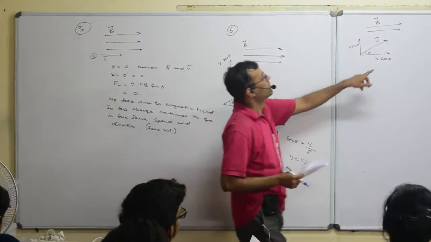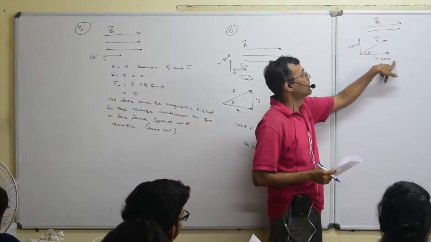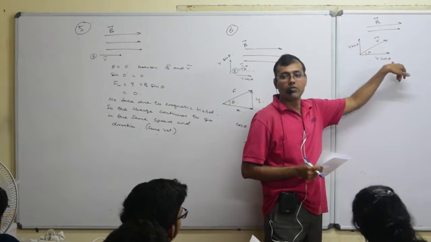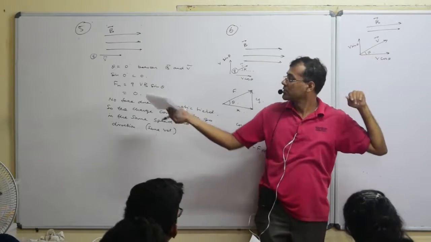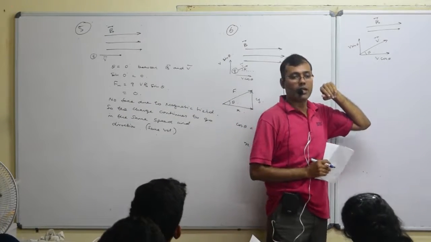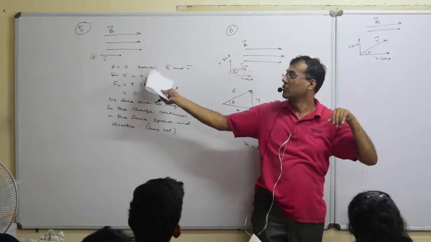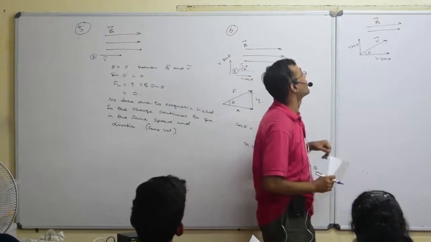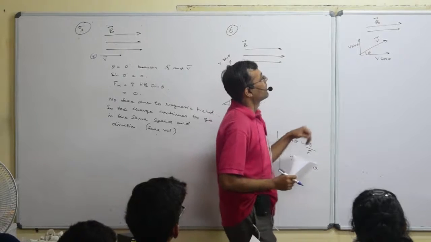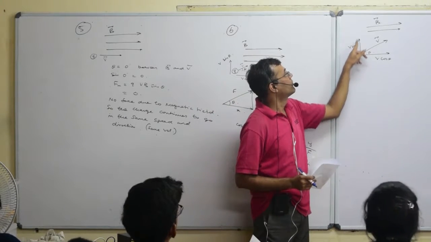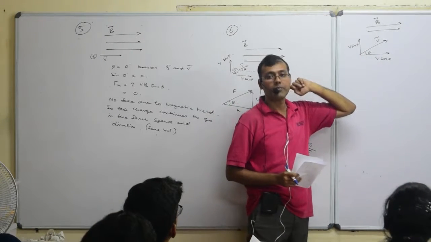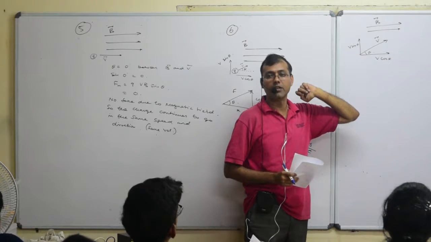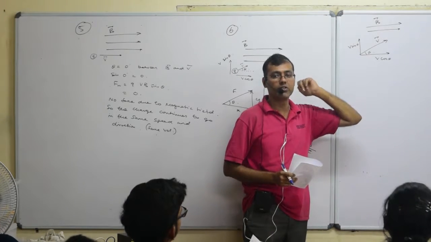So if I consider this velocity alone, it's not going to cause any kind of force, which means it will just keep on going in the same direction according to this 0 concept, right? Whereas, what can you say about this V sin theta and this magnetic field? It is 90 degree. If it is 90 degree, what did we say in the previous question?